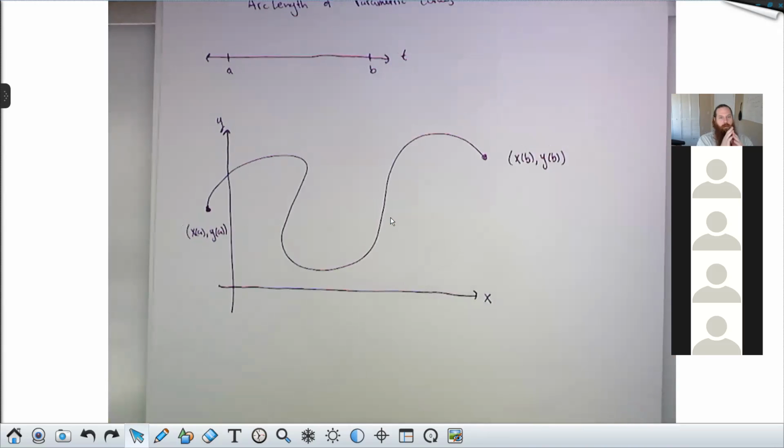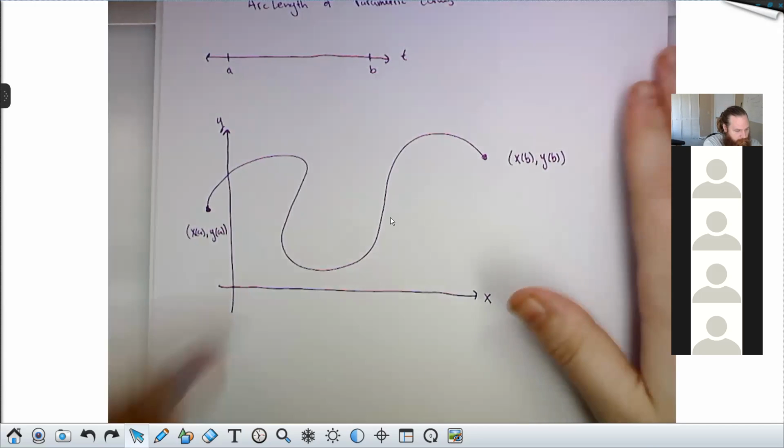And remember what we did when we were solving the arc length problem in the function setting. We chopped up our domain, which was an interval of x values, into a bunch of equal length pieces. And then we looked at the corresponding points, and then we approximated the length on each of those subintervals by straight lines. I'm going to do the same thing here.